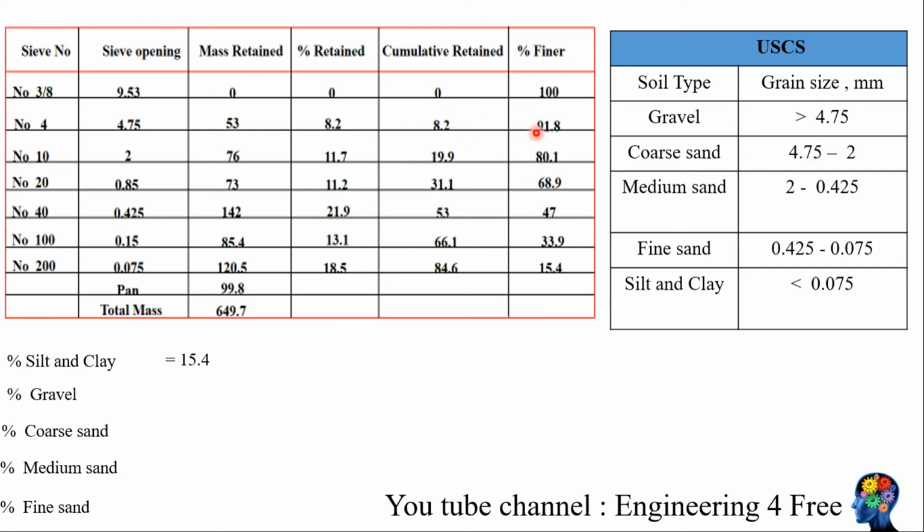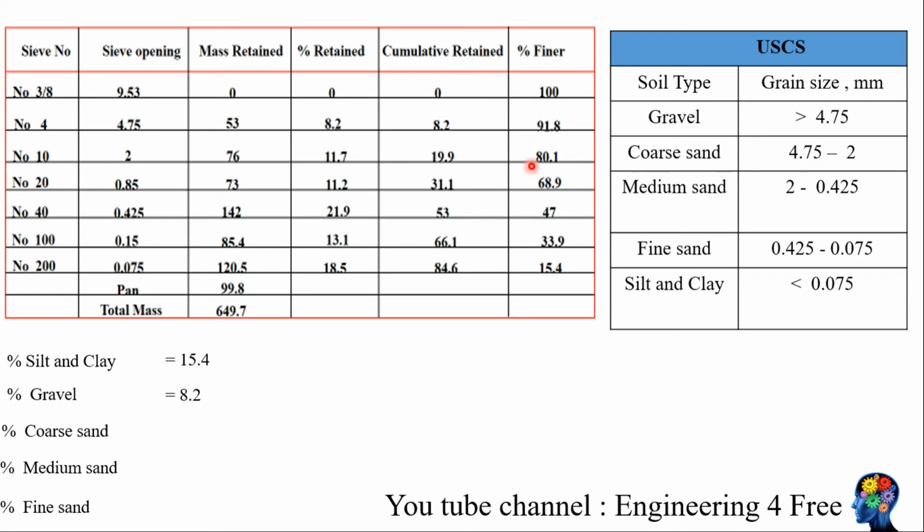Coarse sand is from 4.75 down to 2. You have 4.75 and 2. So you subtract 19.9 from 8.2, or 91.8 minus 80.1. You will obtain 11.7.